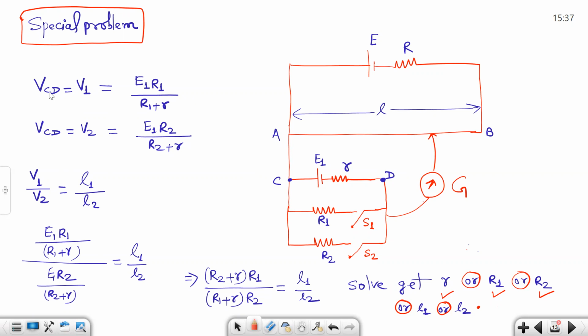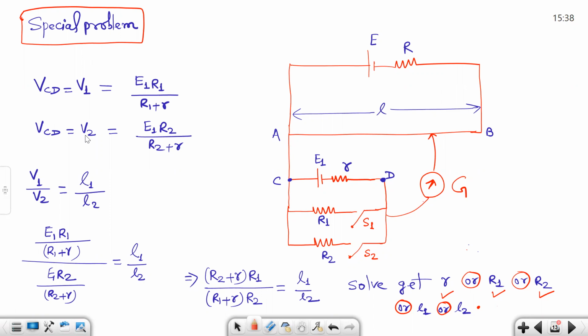When the potential difference across this terminal VCD is V1, then the length from A is L1. Now again we close this switch and open this switch, and then we see the potential difference across this CD.